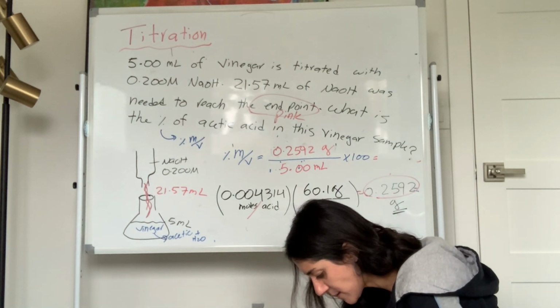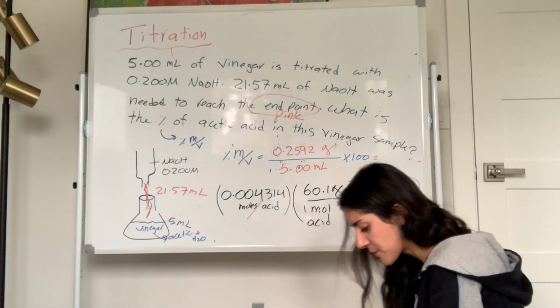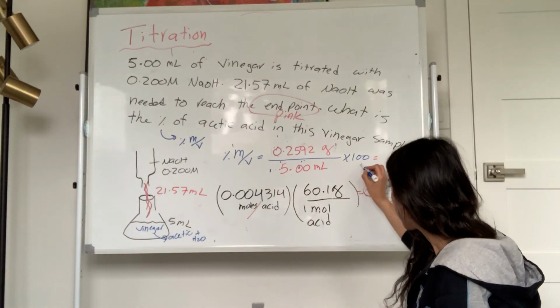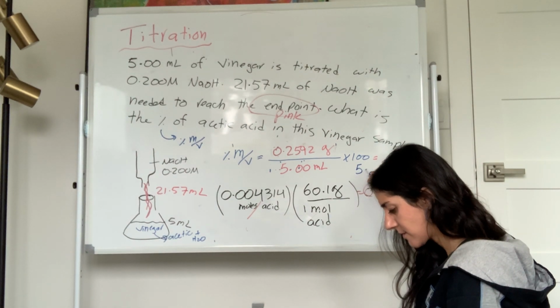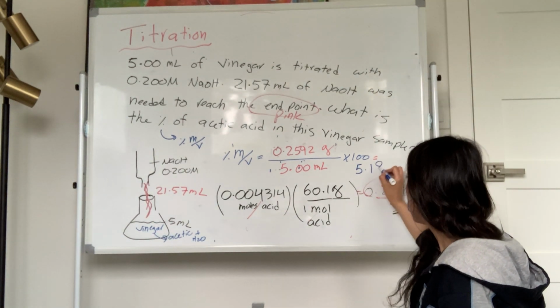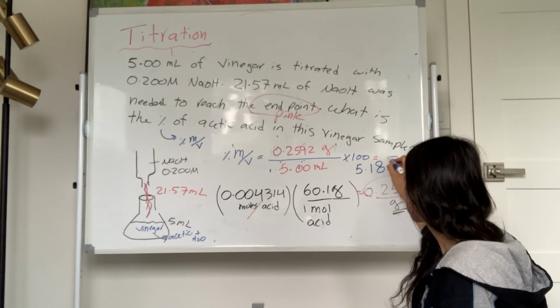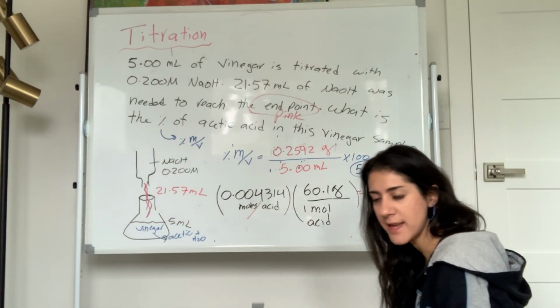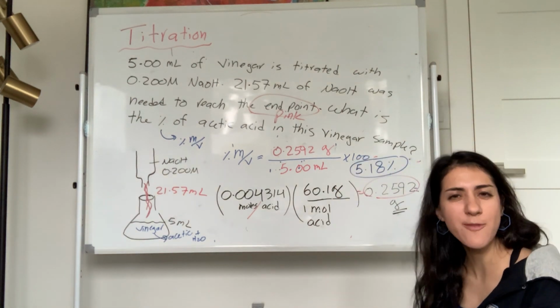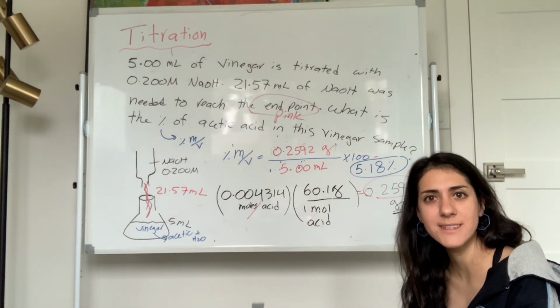And you have to times it by 100. 3 sig fig, what do you get? You get 5.18%. So there's about 5% acetic acid in vinegar.